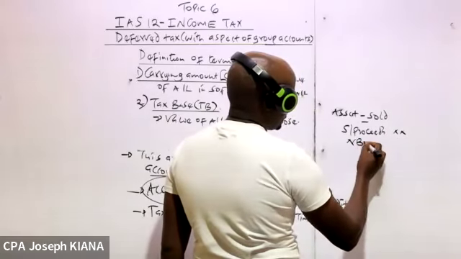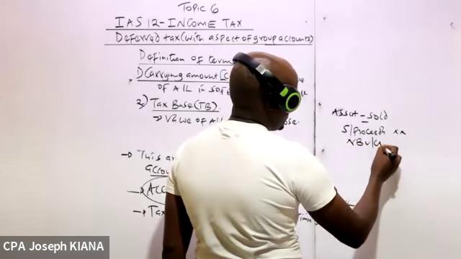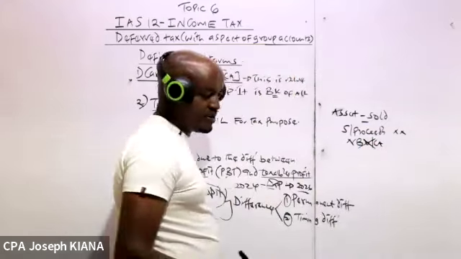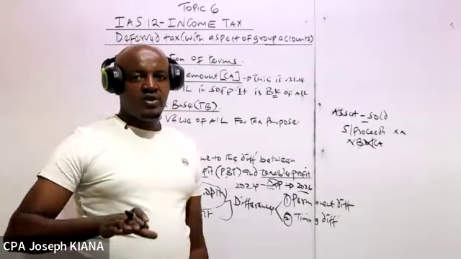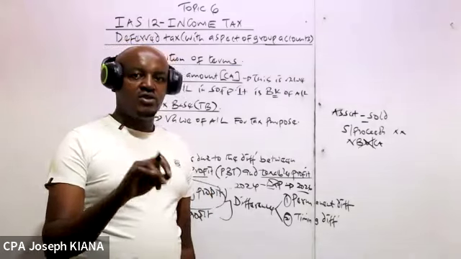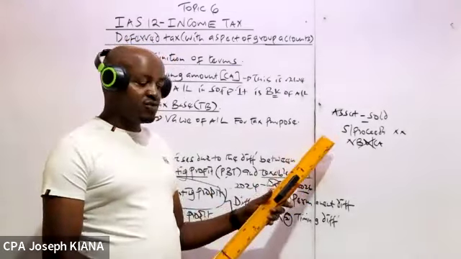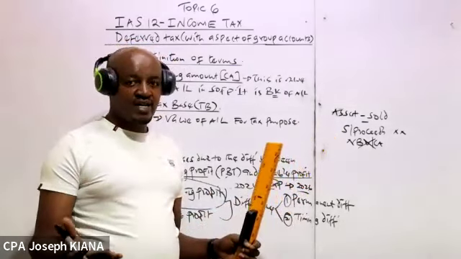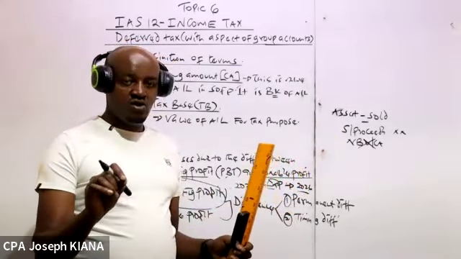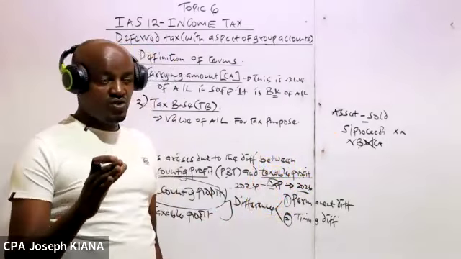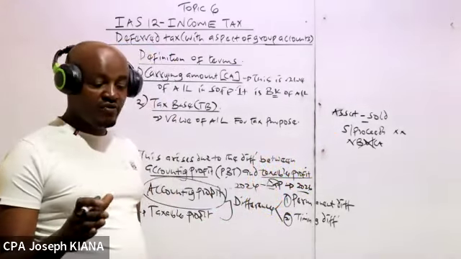But in taxation, we don't deduct the carrying amount or net book value. In financial reporting, when computing the gain or loss on disposal, we take the sales proceeds minus the net book value or carrying amount. But in taxation, we don't use net book value or carrying amount.